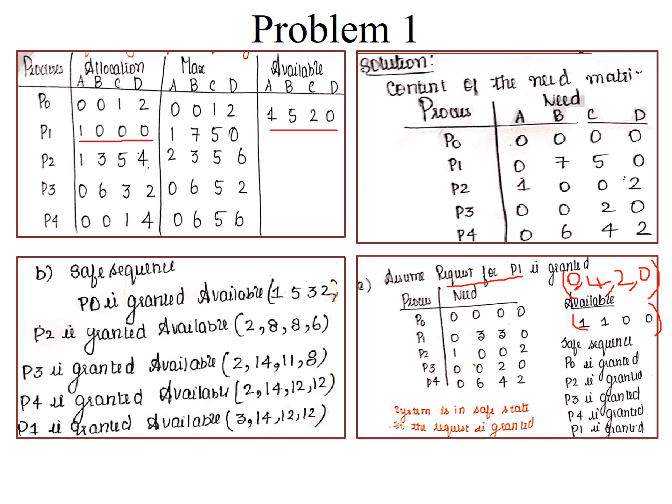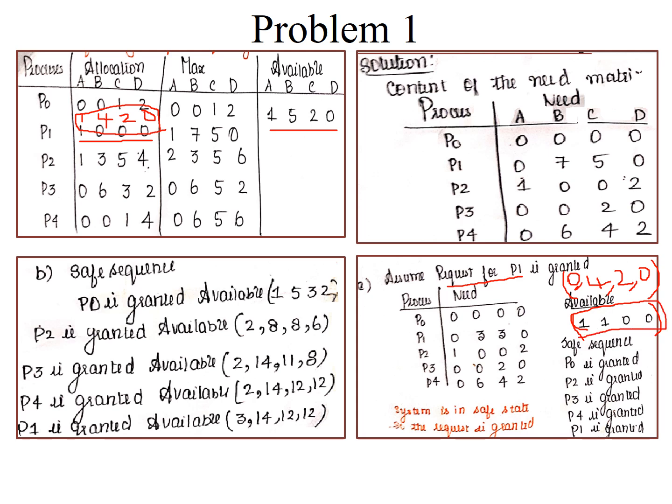So the new allocation is 1 4 2 0. I am just noting it down. The allocation is 1 4 2 0 and the new availability is 1 1 0 0.